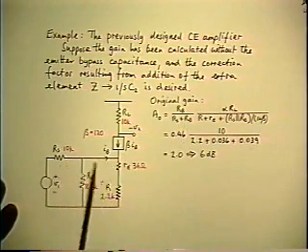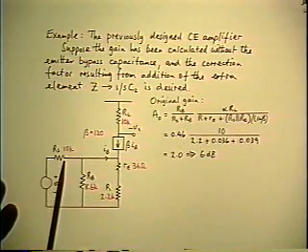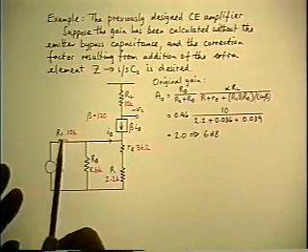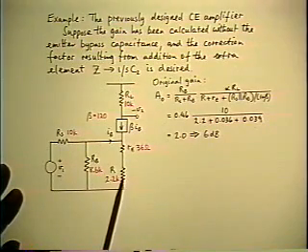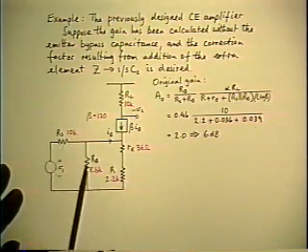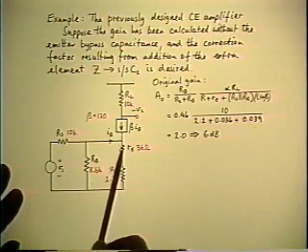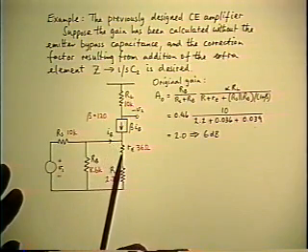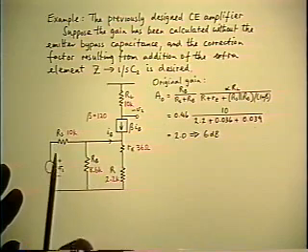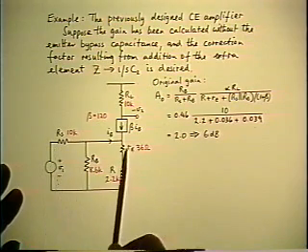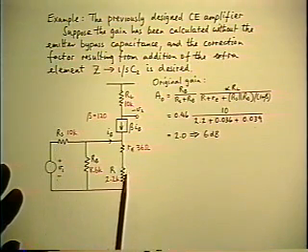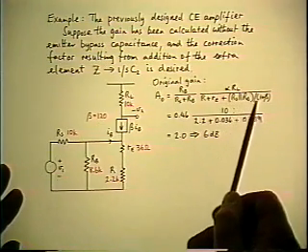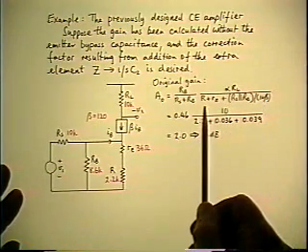Then we'll have a single loop here with RS in parallel with RB. We then reflect that into the emitter, at the same time dividing it by the ratio of the emitter to the base current, which is 1 plus beta. This leaves the Thevenin equivalent voltage across RE in series with R, in series with the reflected base resistance.